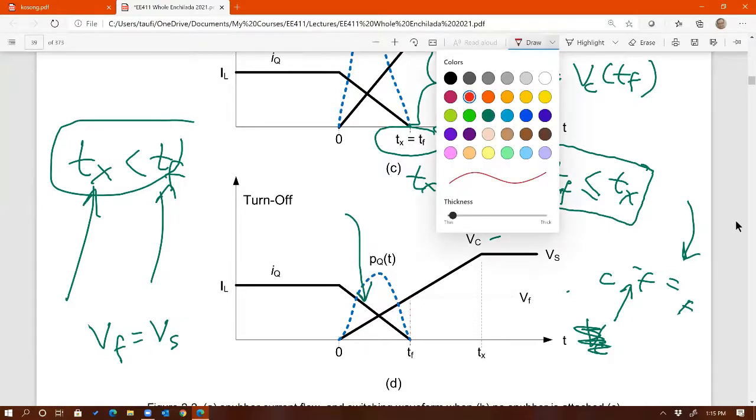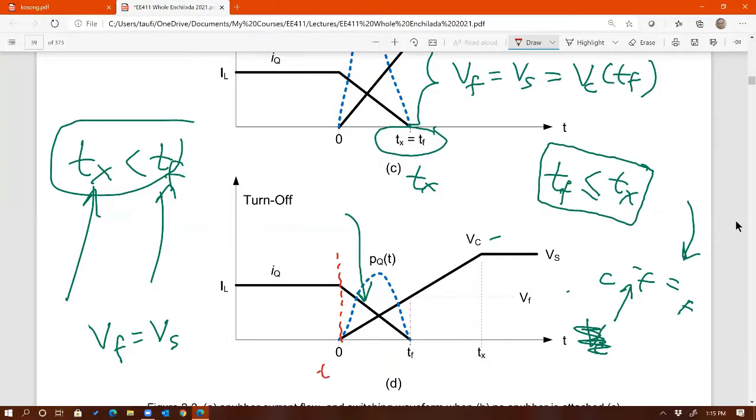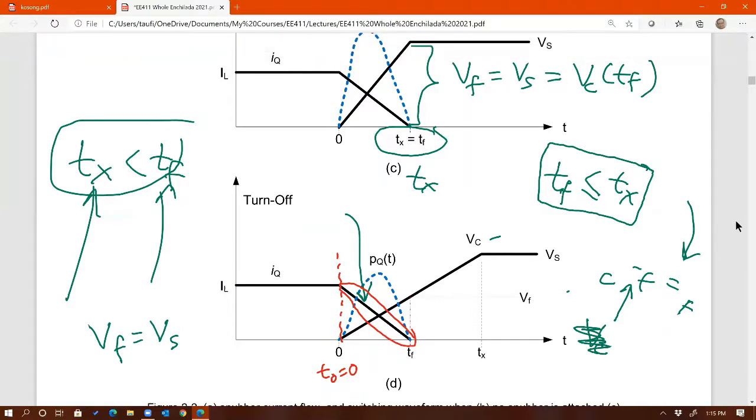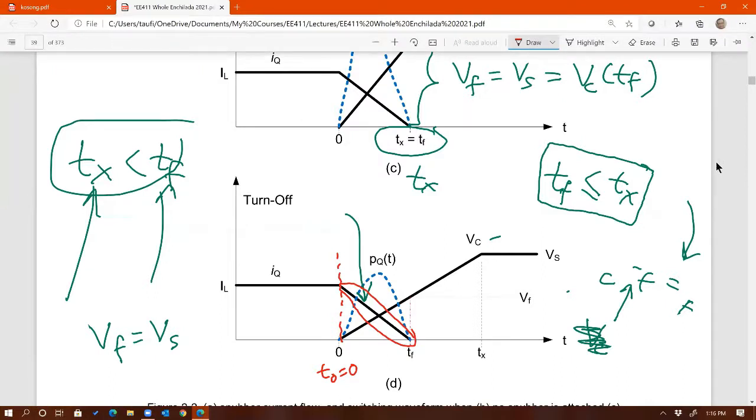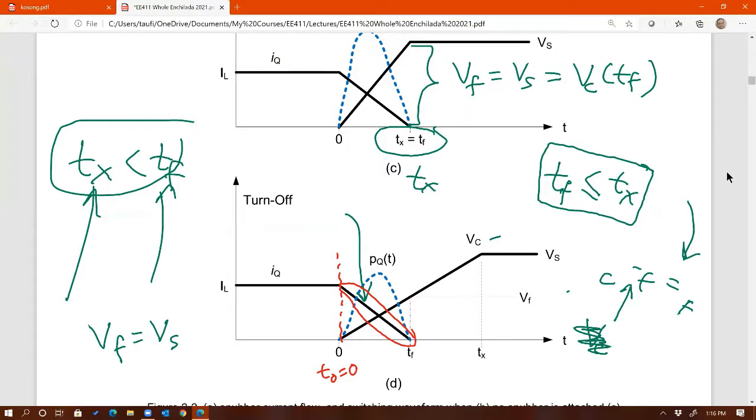Assuming this is t0 equals 0, what is the equation that describes that linear function right there? Well, you should know that's a linear equation, with a negative slope, and the length of time is TF.